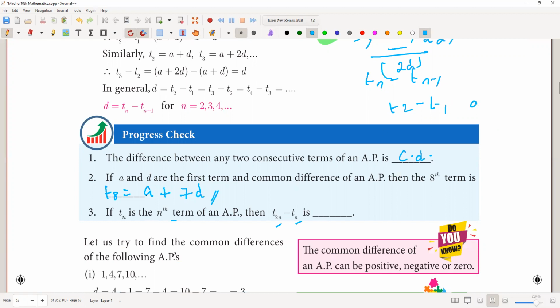The formula is A plus n minus 1 into D. You don't have to get confused with these things. All right, make it simple.